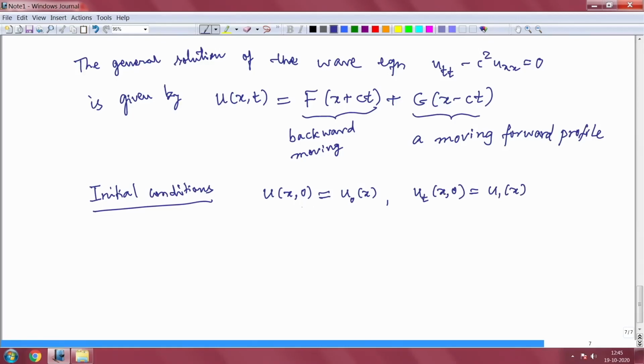So, the first condition represents the initial profile of the string, for example, and the second condition represents the initial velocity in the string. Okay. So, now we will see how these initial conditions help us to determine f and g in the general solution.